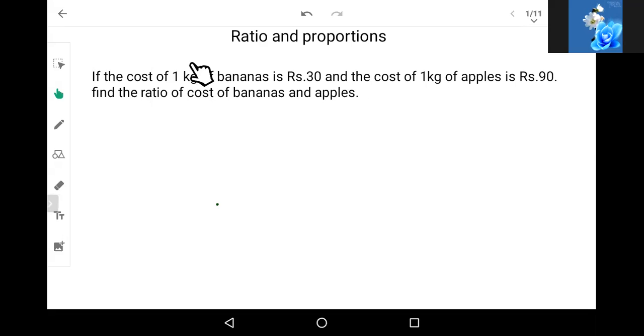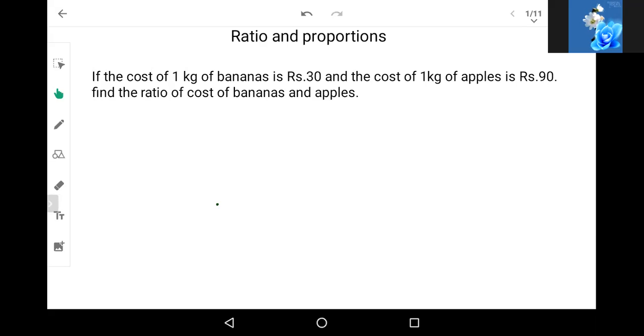The unit here is kg and the unit for the apples is also kg. So this kg is kept constant and the cost is differing. For 1 kg of banana it will be rupees 30, and for 1 kg of apple it is rupees 90.